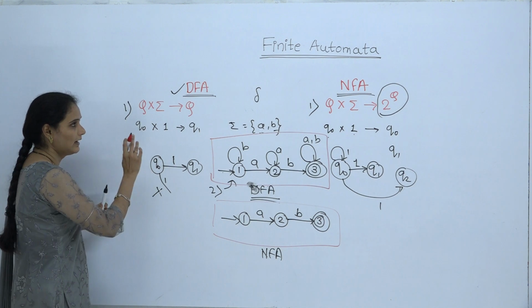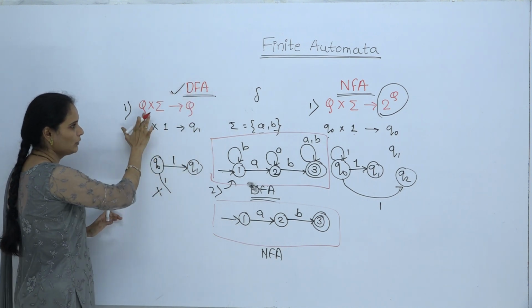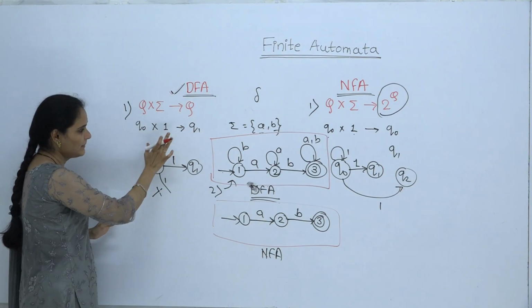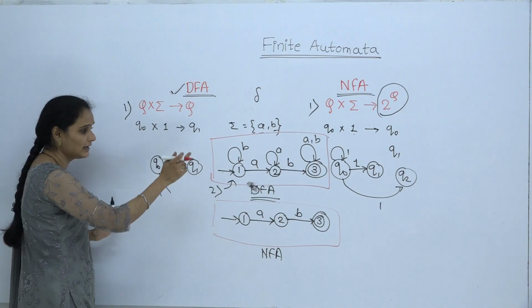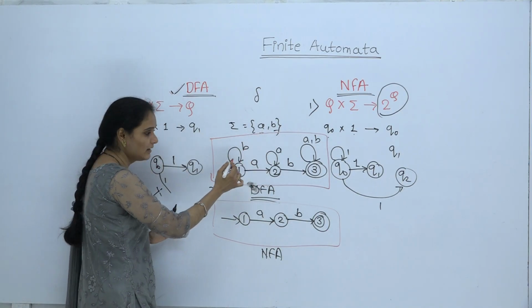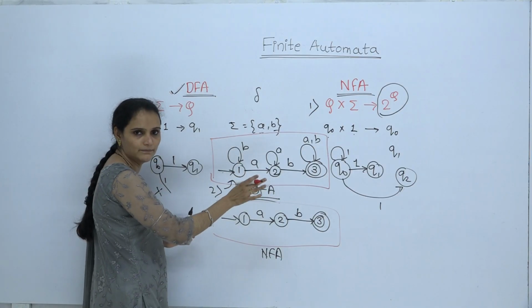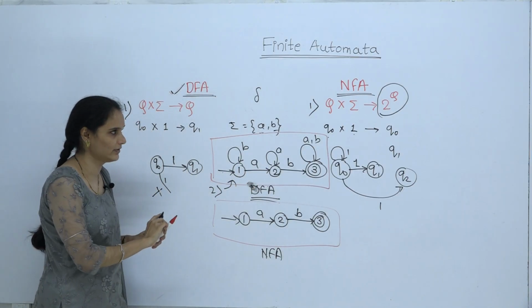So what is the rule for designing DFA? Q into summation goes to Q, meaning at one symbol it goes to only one state. Another is that whatever the input symbols are there, each should go to some other state or that state itself. That is regarding the DFA.